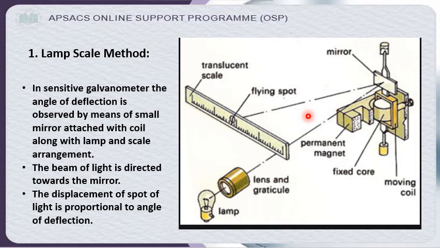As the coil along with the mirror rotates, the spot of light moves along the scale. The displacement of the spot of light on the scale is proportional to the angle of deflection, provided the angle of deflection is small. So this is used to calculate the angle of deflection of the coil, known as the lamp scale method.